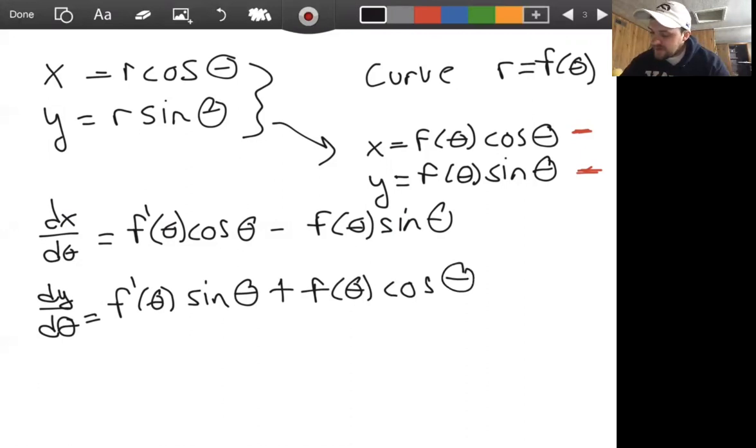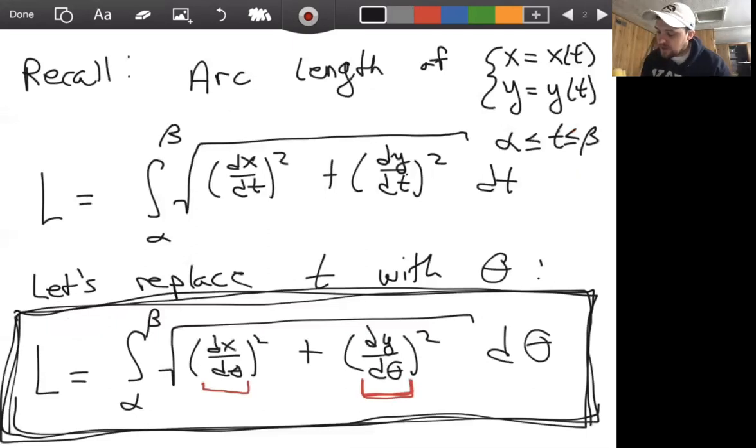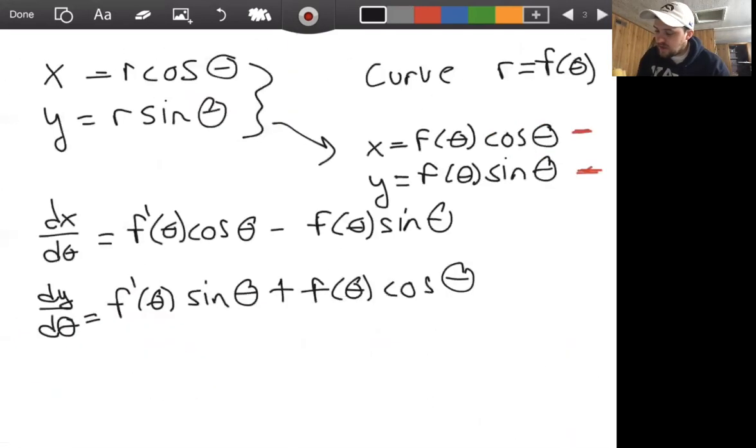So now we need to take these representations of dx d theta and dy d theta and plug them into our formula for arc length and see what we get. This is going to get pretty messy for a while, because we have to take this expression, f prime cosine theta minus f sine theta, and square it, and then add that to the square of dy d theta.